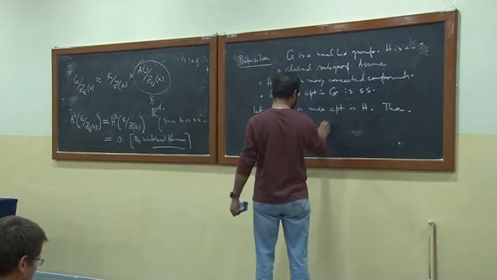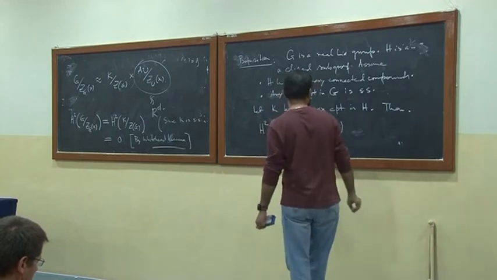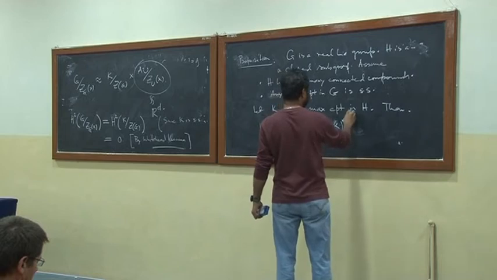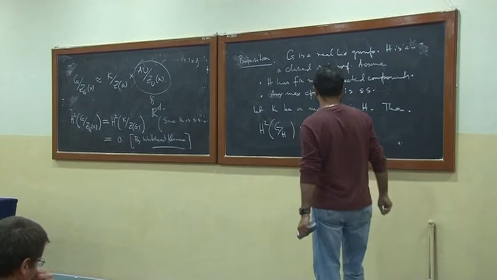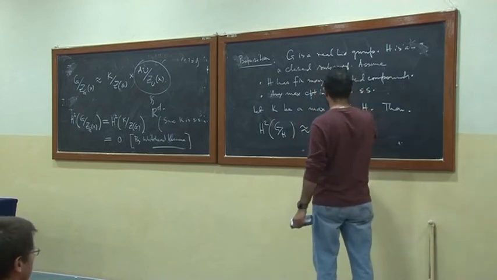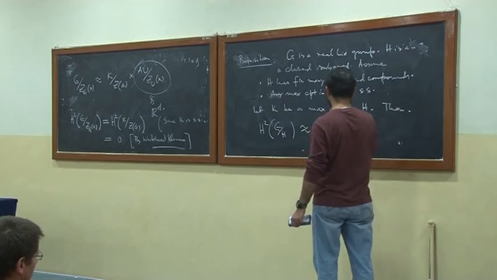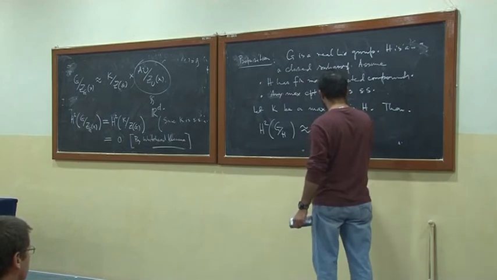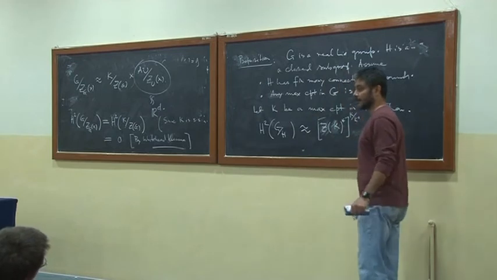I consider the center of the Lie algebra of the maximal compact in H. I take the dual of that and consider the action of K on this space, where K naught acts trivially. So I have an action of K by K naught on this object, and I consider the fixed points.